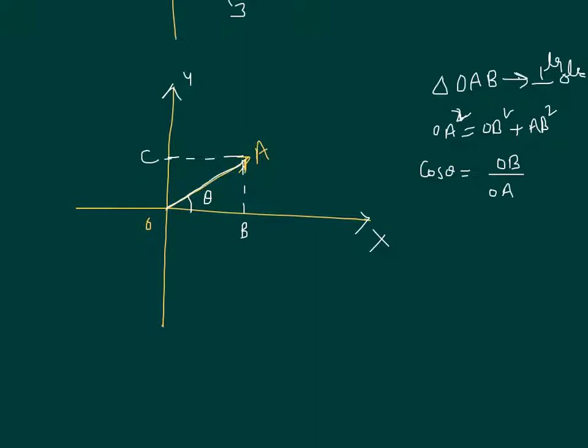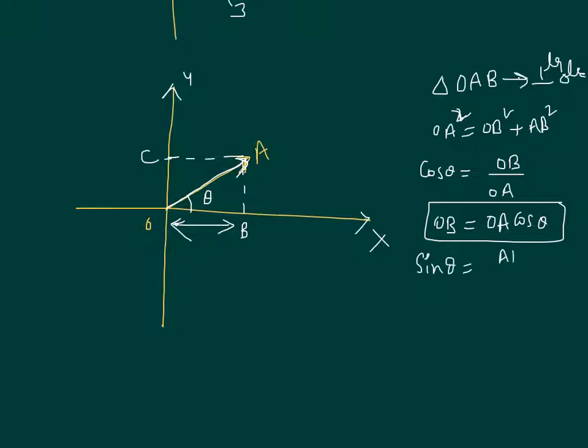And what is OA? This is a phasor, so it has a definite length, the maximum value. So OB equal to OA cos theta. OB is the x component. Similarly, sin theta equal to AB by OA, so AB equal to OA sin theta.